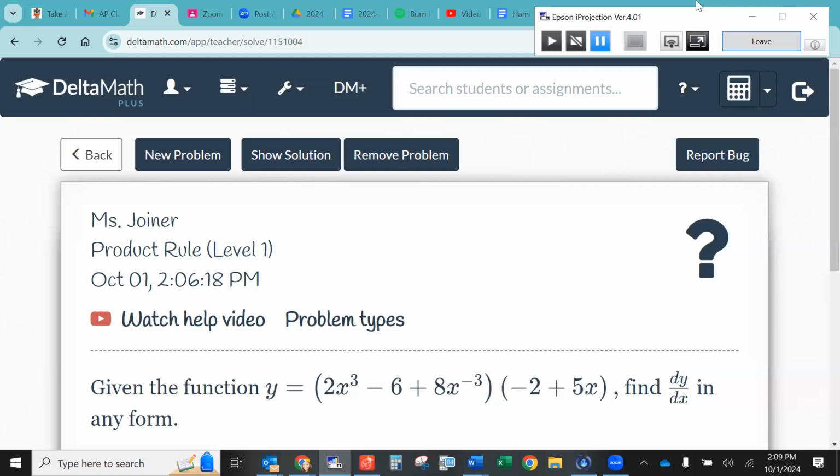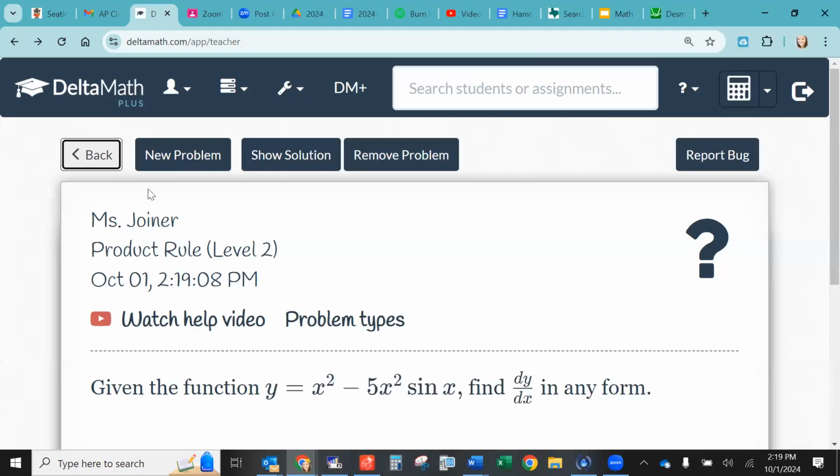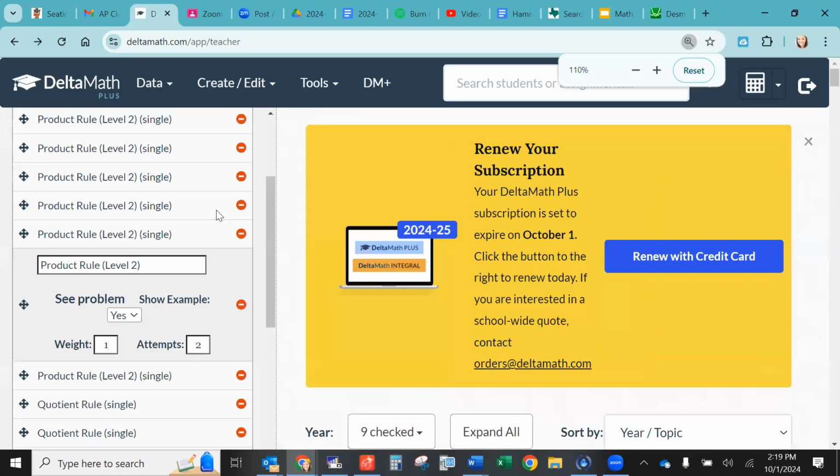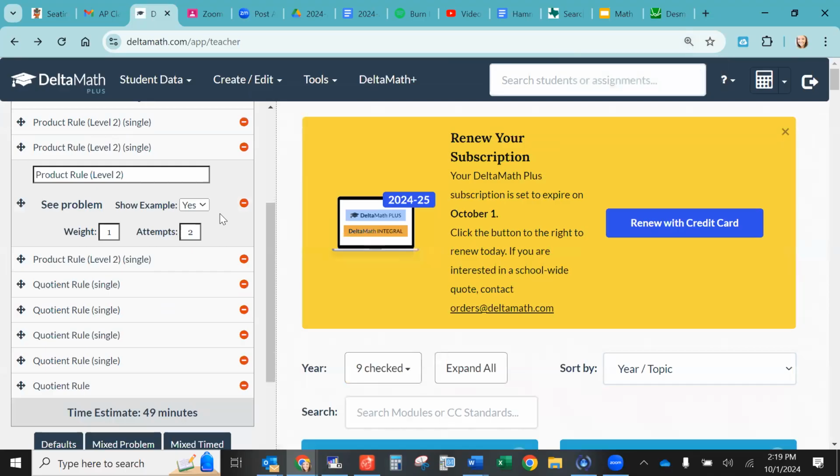All right, we still have 25 minutes left in class. Will you skip ahead to the second from the bottom of the level 2s? I want this one right here. Out of all your level 2s, go second from the bottom. We're going to do this one together. Write it down on your paper.